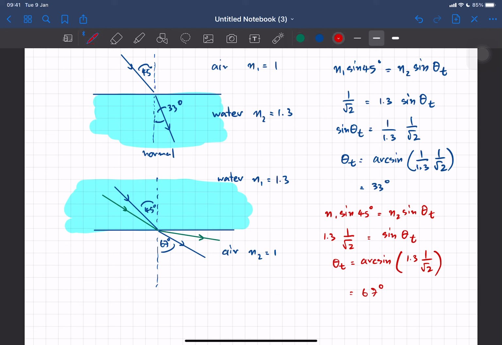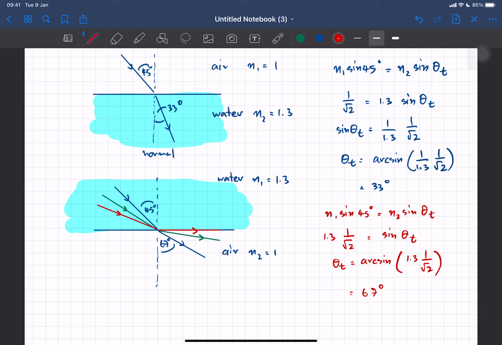And eventually, if you have a large enough angle of incidence, let's say you are going in with the red line like this, then maybe the refracted angle will be 90 degrees like this. Okay, that's possible. Just from Snell's law, you can calculate where that happens.